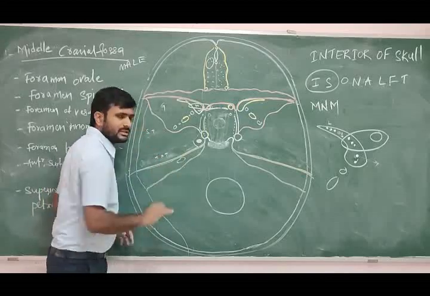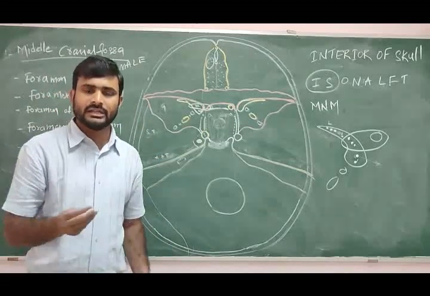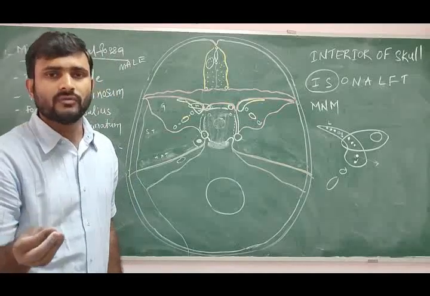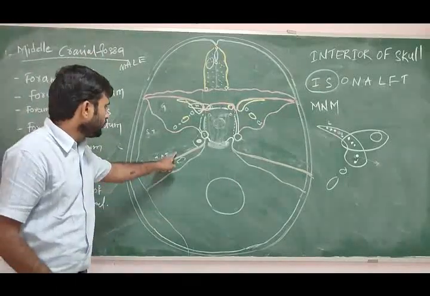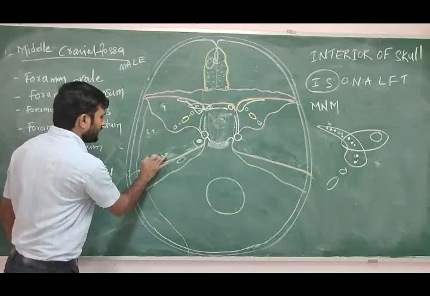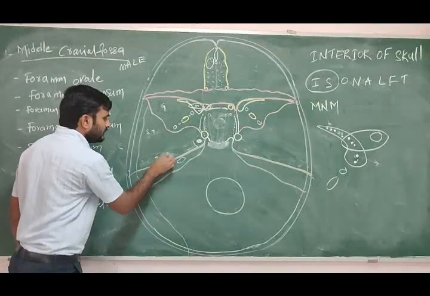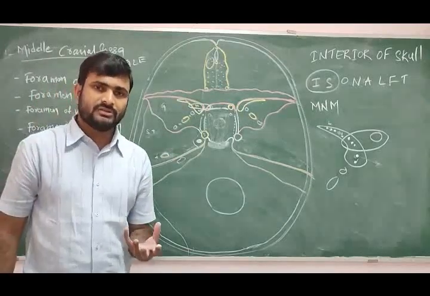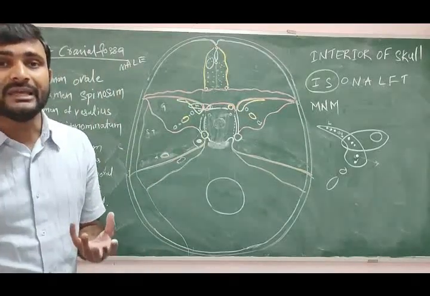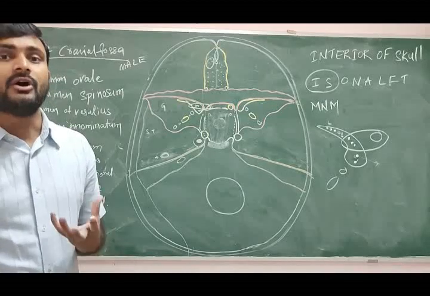It is a depression only; there is no special name. Still more laterally, we are seeing one prominence, called the arcuate eminence.